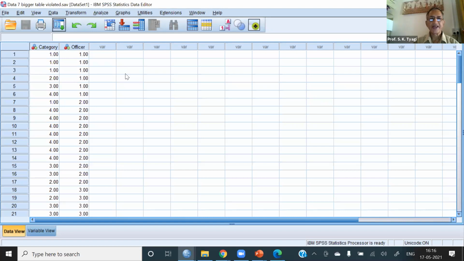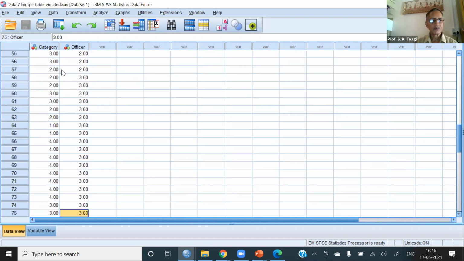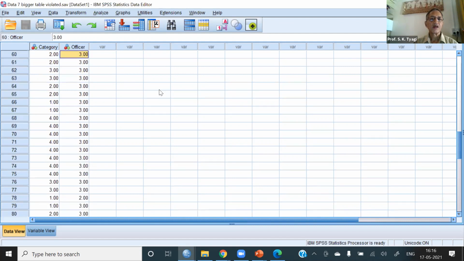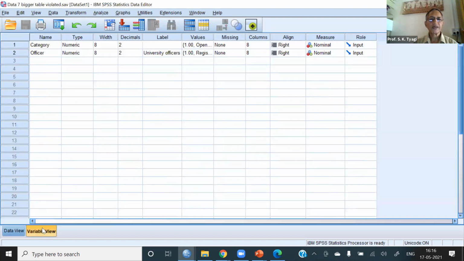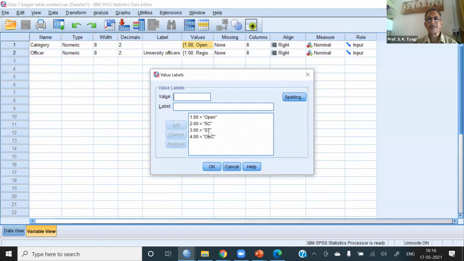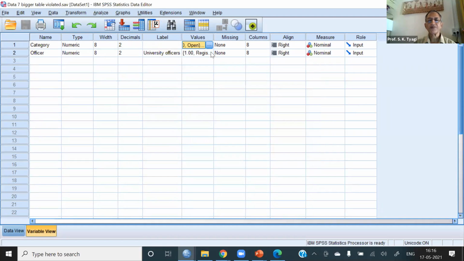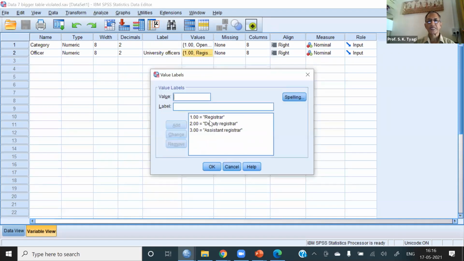Here you will have 82 rows, up to 82. There are 4 categories: category 1 open or unreserved, 2 SC, 3 ST, 4 OBC. Then we have the category for officers: 3 types of officer, registrar, deputy registrar, and assistant registrar.